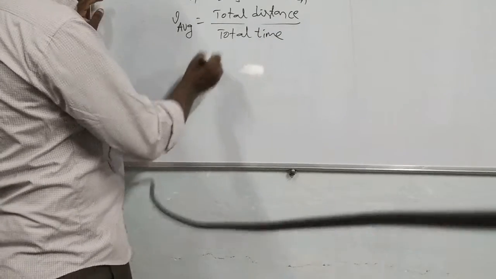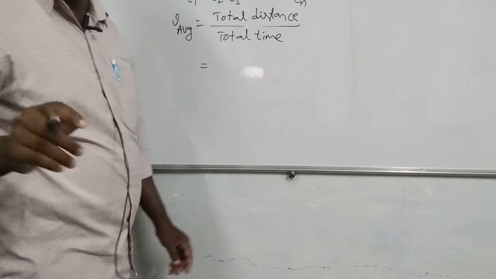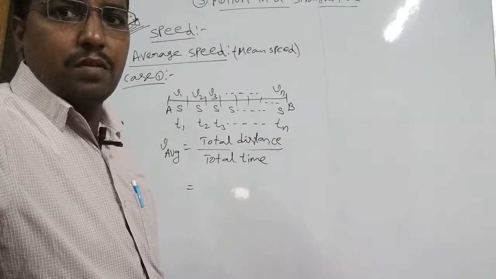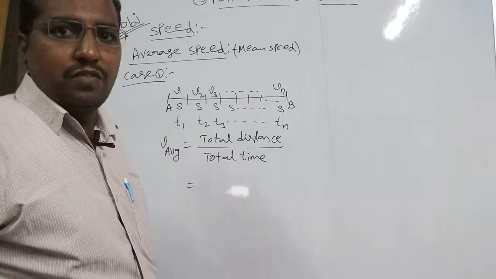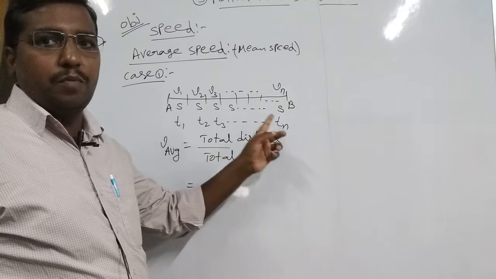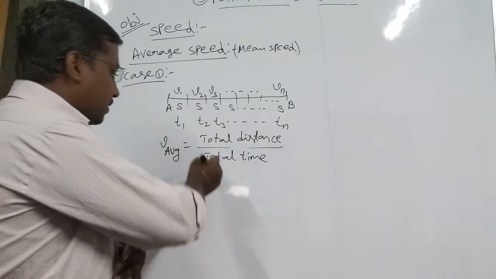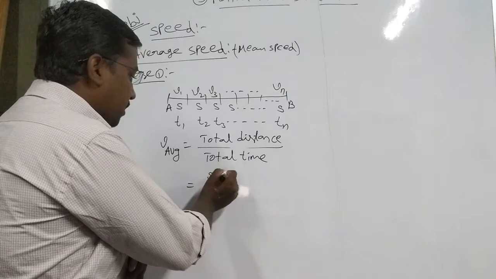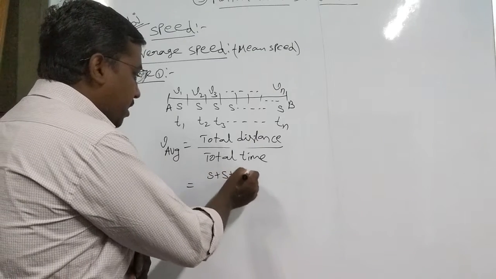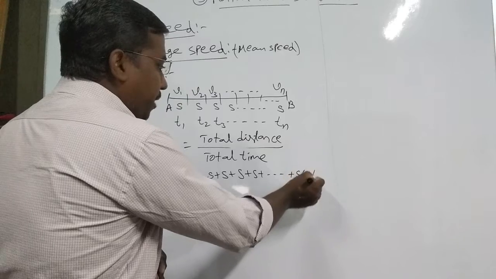So total distance is s and so on up to s. So we write total distance as s plus s plus s plus and so on plus s, n times.